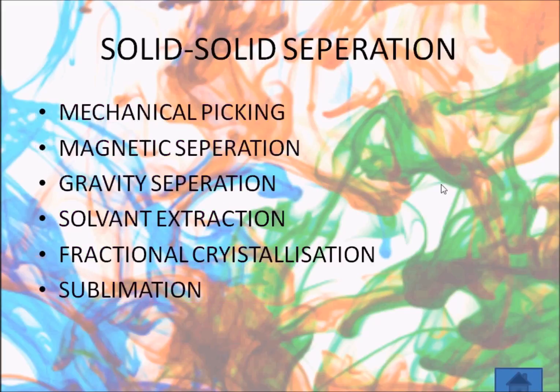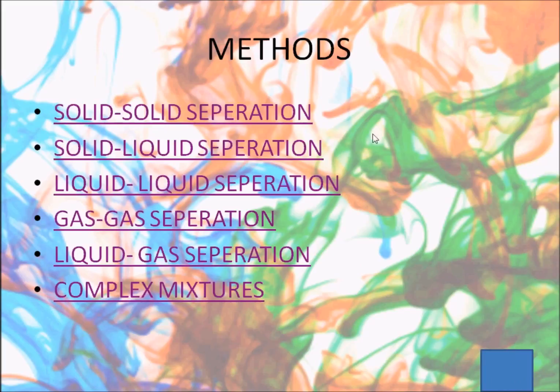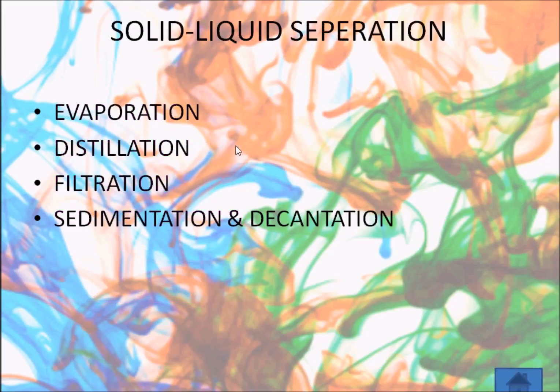In the solid-solid separation, we have mechanical picking, magnetic separation, gravity separation, solvent extraction, fractional crystallization, and sublimation. Next is solid-liquid separation. We have methods like evaporation, distillation, filtration, sedimentation and decantation.